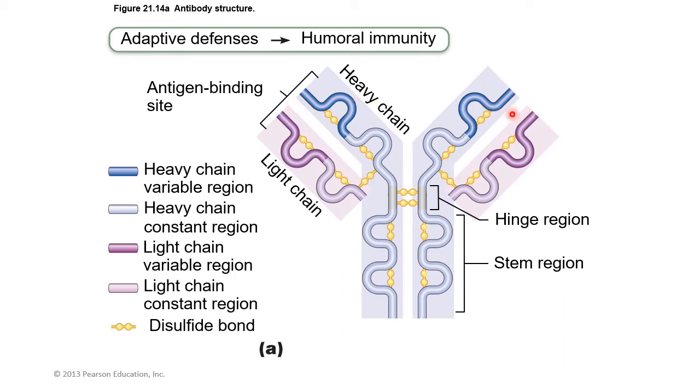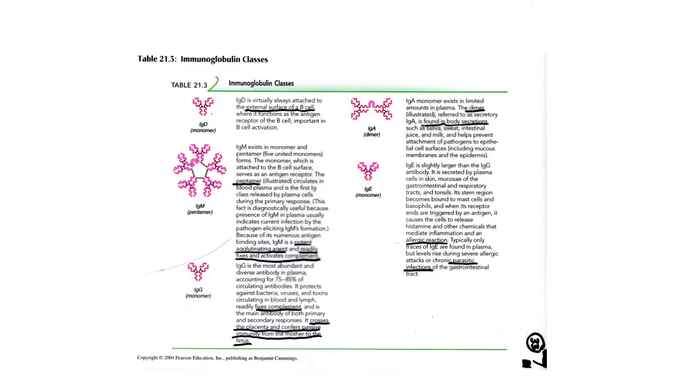So that's where you see these antibodies differ, in this variable region. These little yellow things here are disulfide bonds, and disulfide bonds help with attaining that three-dimensional structure characteristic of all antibodies in general. So there are 5 different classifications of antibodies, and we'll just go through these briefly.